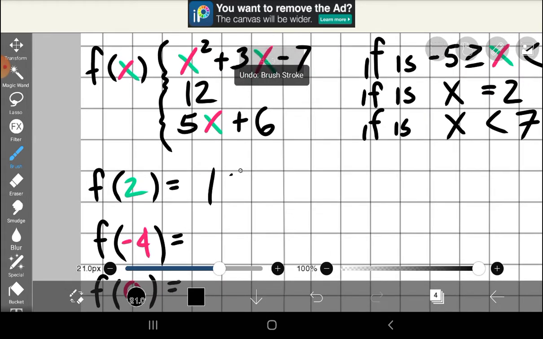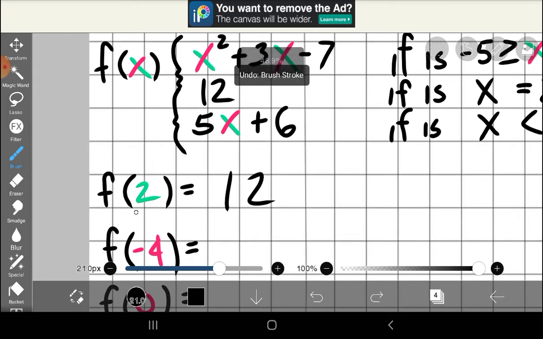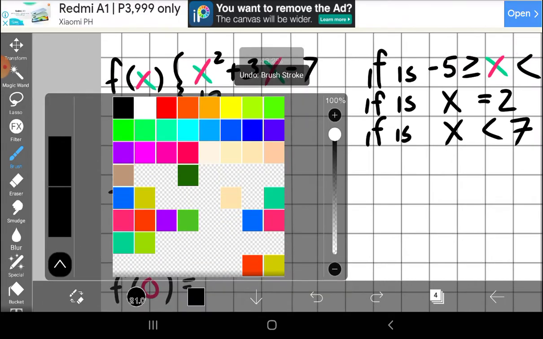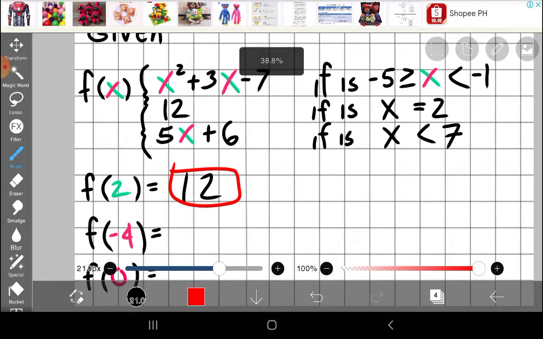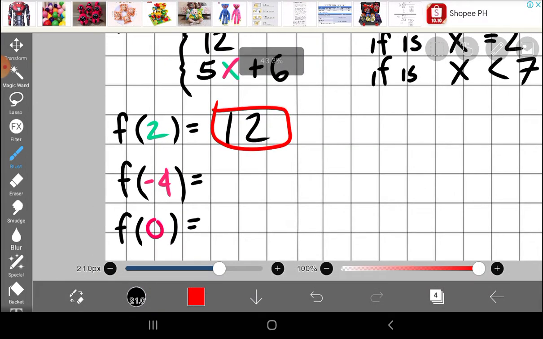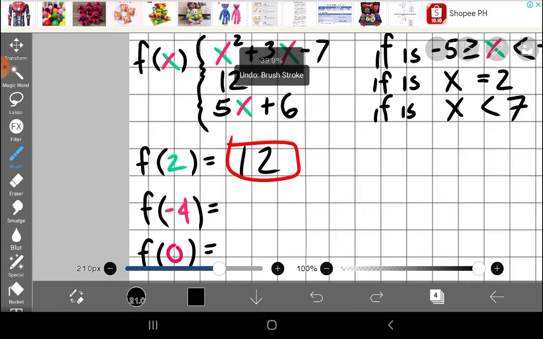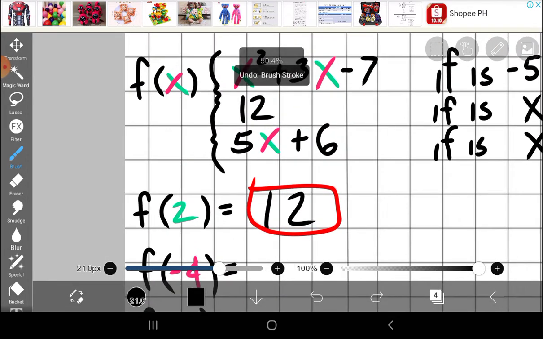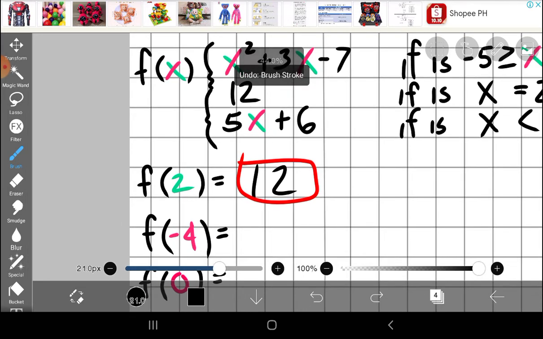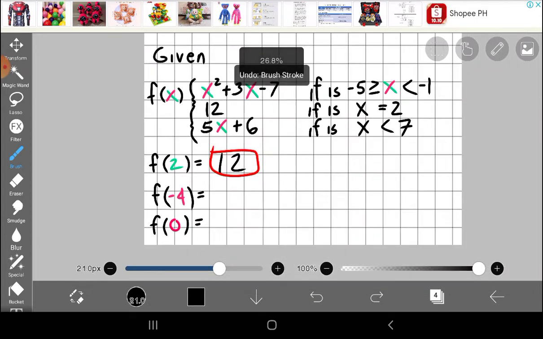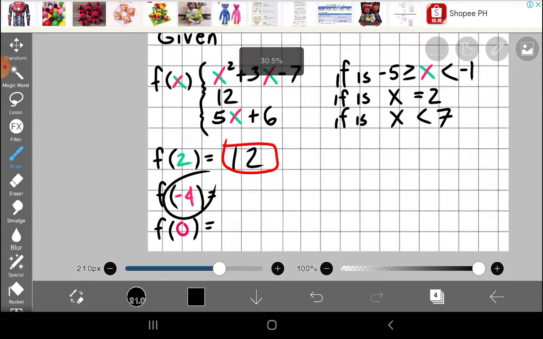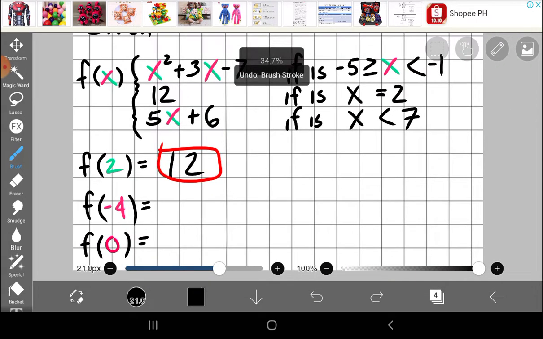So 12, there is no x, so there is no solving. 2 is equal to 12. That's the final answer. Here, negative 4. Wala naman kasing x dito, kaya wala tayong ipagpapalit sa number 2. So yung given dito, yun yung sagot.